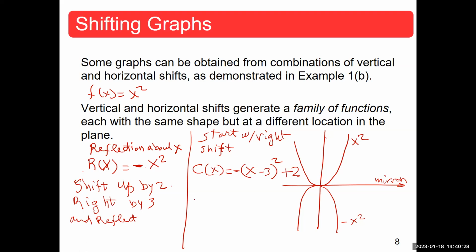Well, let's plot it. This is 3 and 2. The 3 and 2, that's the location of the vertex, because we're shifting right by 3 and up by 2.